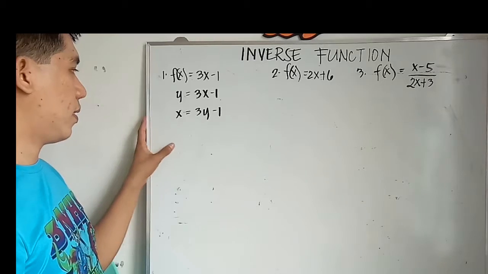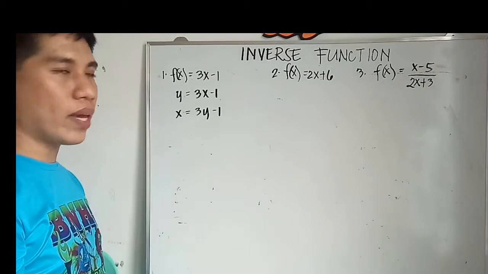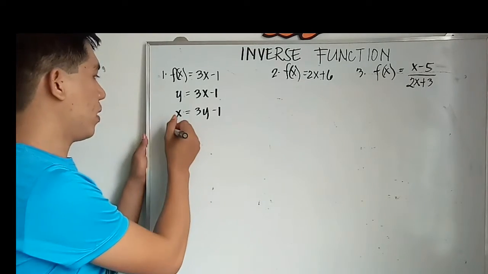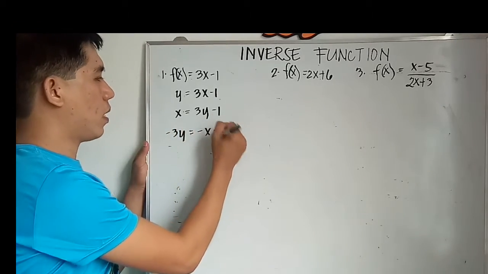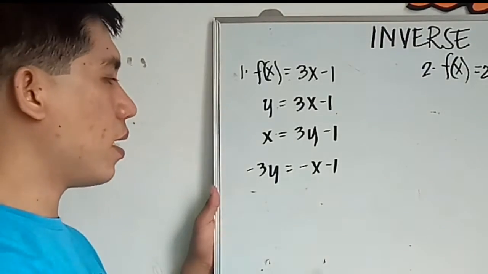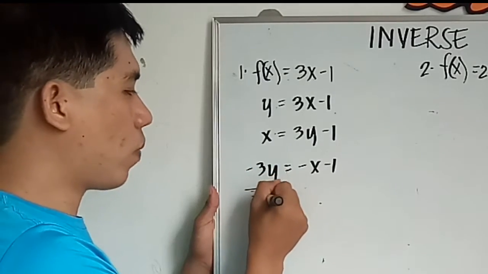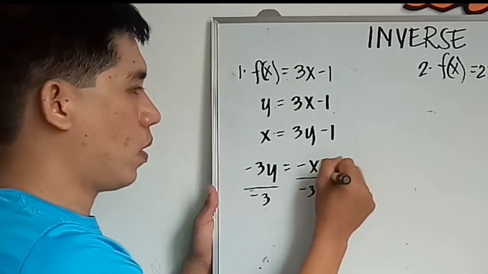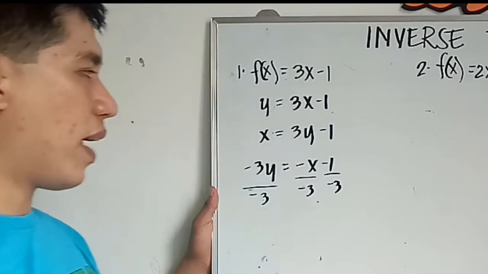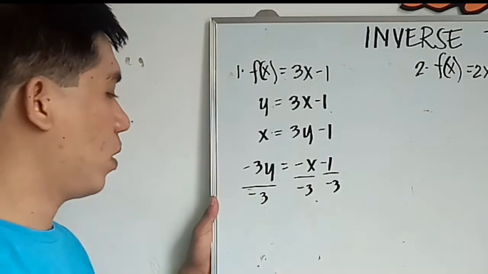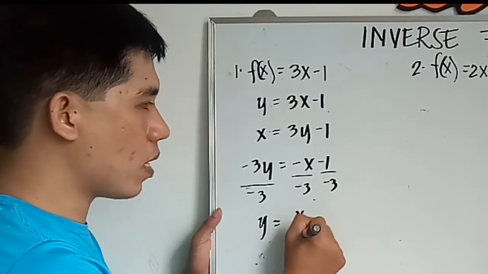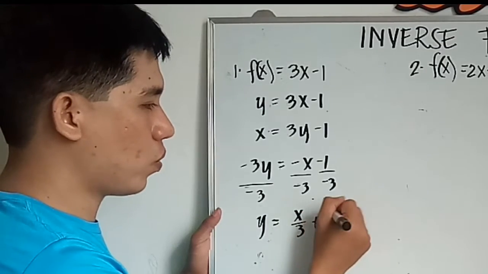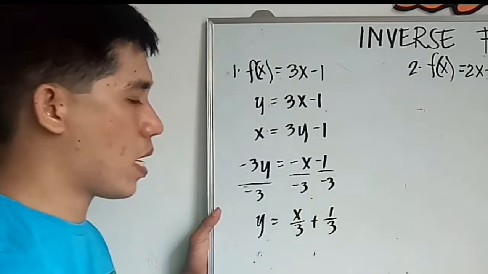Then after this we are going to solve for y. So we have negative 3y equals negative x minus 1. Okay? Then by the division property of equality, we divide each term by negative 3. So we have here y is equal to x over 3 plus 1 over 3.